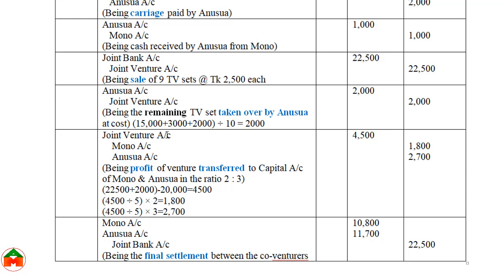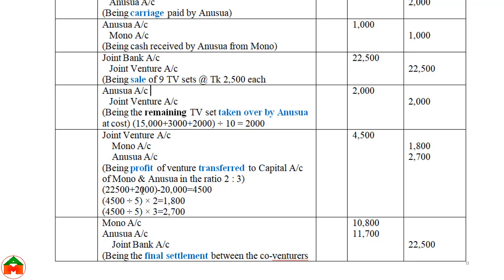Whenever there is a profit, we show it in the debit side of the joint venture account. That's why joint venture account debit. And we can see the process of calculating this profit. Sale proceed is 22,500 and unsold stock value is 2,000. There is one kind of sale to Anusha, although it's unsold stock, this 2,000 is taken by Anusha.